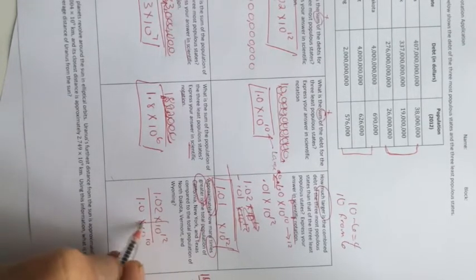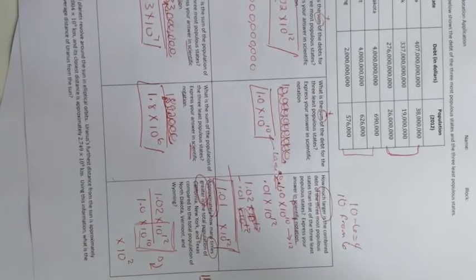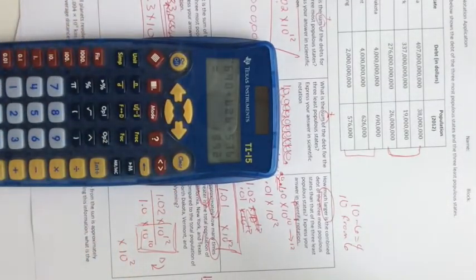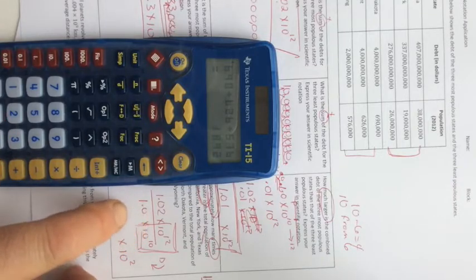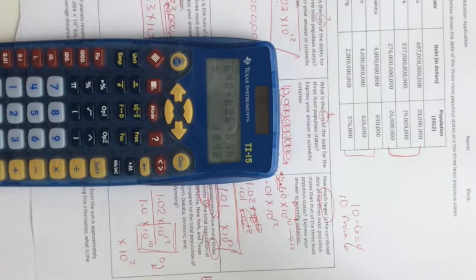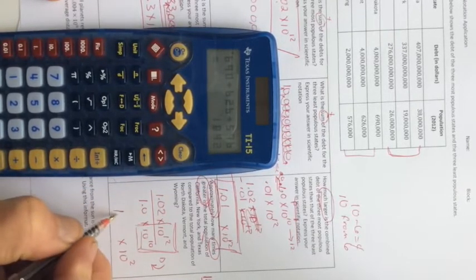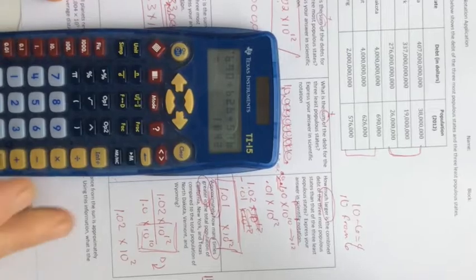Now we have division. Division, we're going to take these and subtract. Division does one step lower, so the powers are going to subtract. So I know it's times 10 to the 2. And I'll use my calculator for the other part. Well, actually 1.02 divided by 1 isn't that big of a deal. Anything divided by 1 is 1, so it's going to be 1.02 times 10 to the 2.